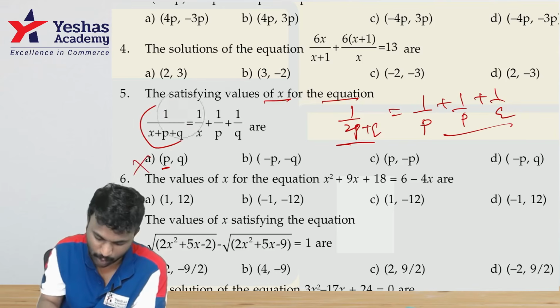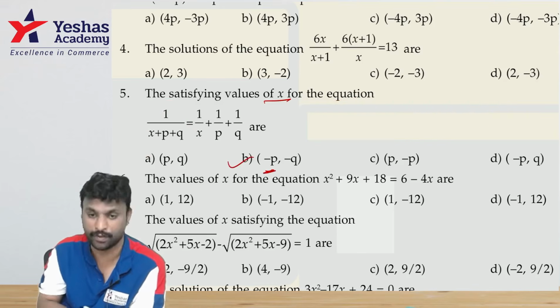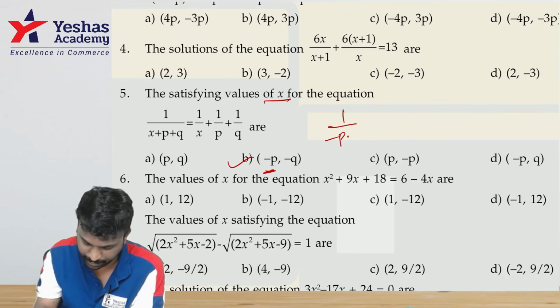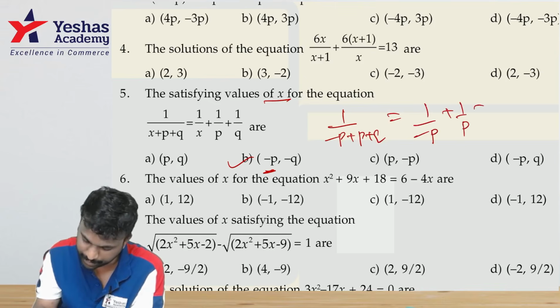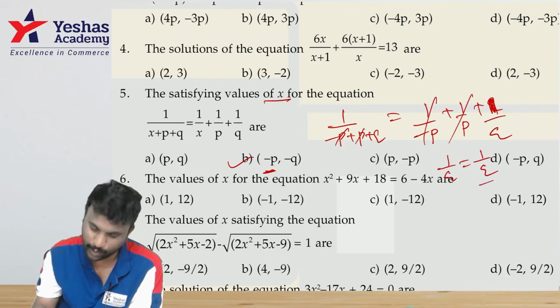So if I plug in option B, if I put x value as minus p, first of all, it becomes minus p plus q. On the right hand side, 1 by minus p plus 1 by p plus 1 by q. What will happen? These two will get cancelled. Minus p plus p cancel. So 1 by q on the left hand side, 1 by q on the right hand side.